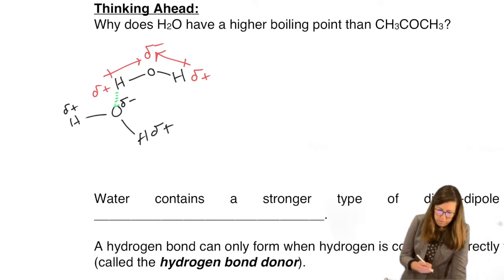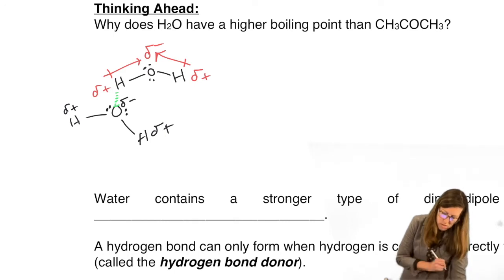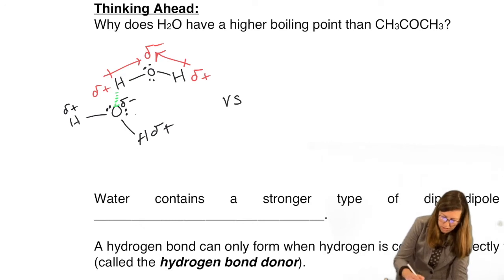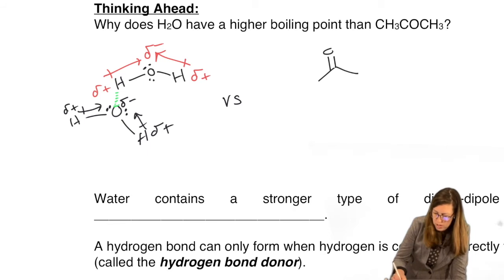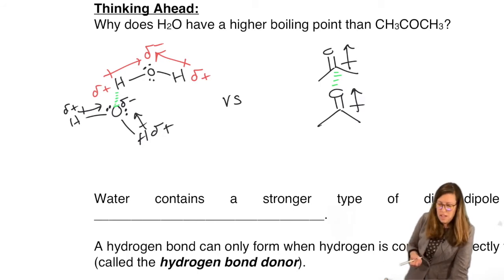What's going on there? I'm going to draw in lone pairs too. All right, so we're comparing this, keep drawing our dipole, versus our acetone scenario. Now, they both have dipoles, and yet water has a significantly higher boiling point.